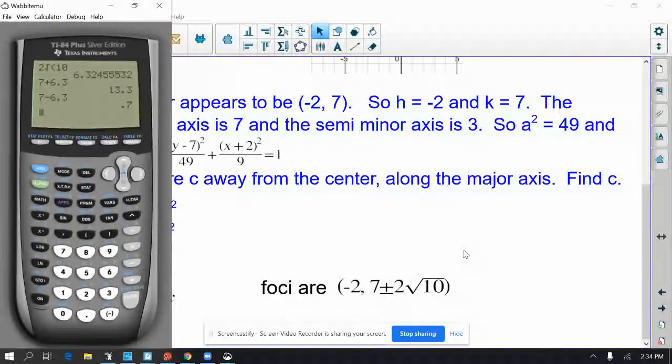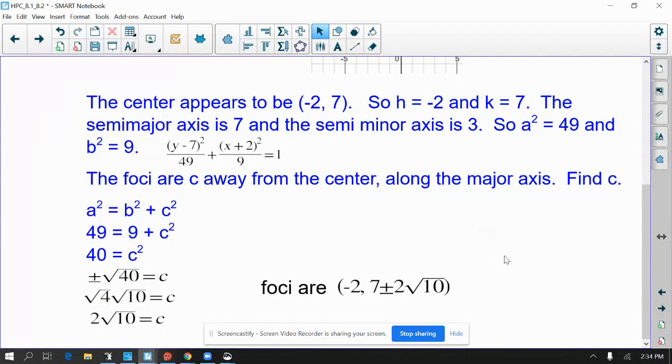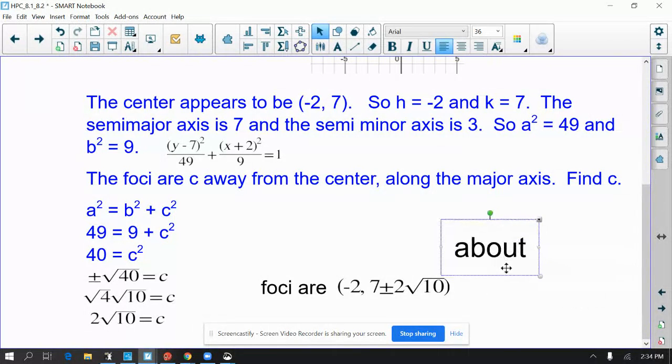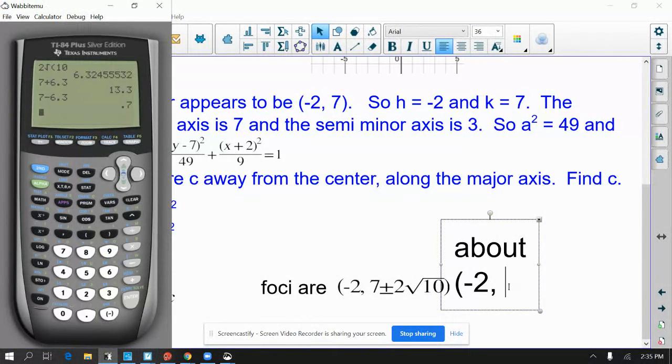So this is about -2, comma, I forgot the digits already. 13.3 and 0.7.